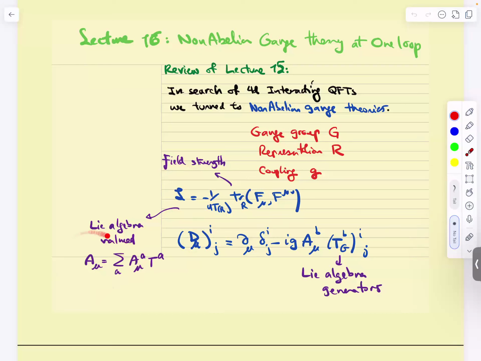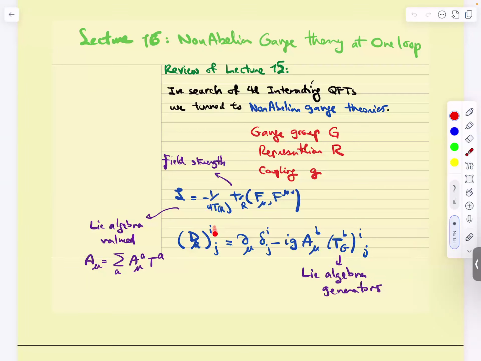The gauge field is Lie algebra valued, hence this label runs over the generators of the Lie algebra. So you could view it as a matrix. An example I gave: for SU3, this A runs from 1 to 8, and these are the Gell-Mann matrices. In SU2, it would be sigma x, sigma y, sigma z, each divided by 2.